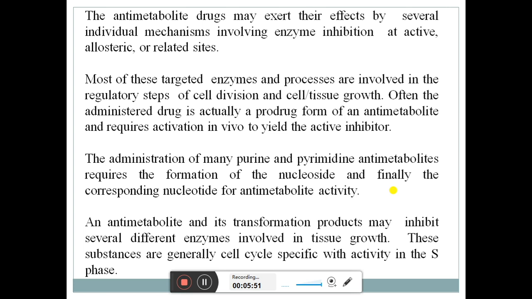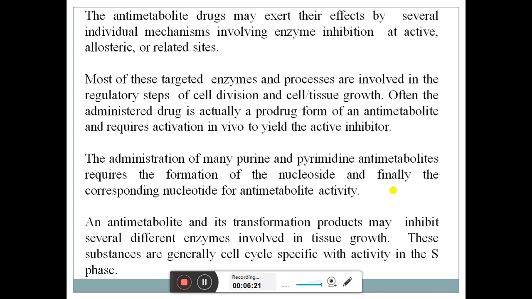The targeted enzymes are the enzymes whose action the antimetabolite will inhibit. These are the various enzymes targeted by the antimetabolite, involved in the various regulatory processes of cell division and cell or tissue growth.